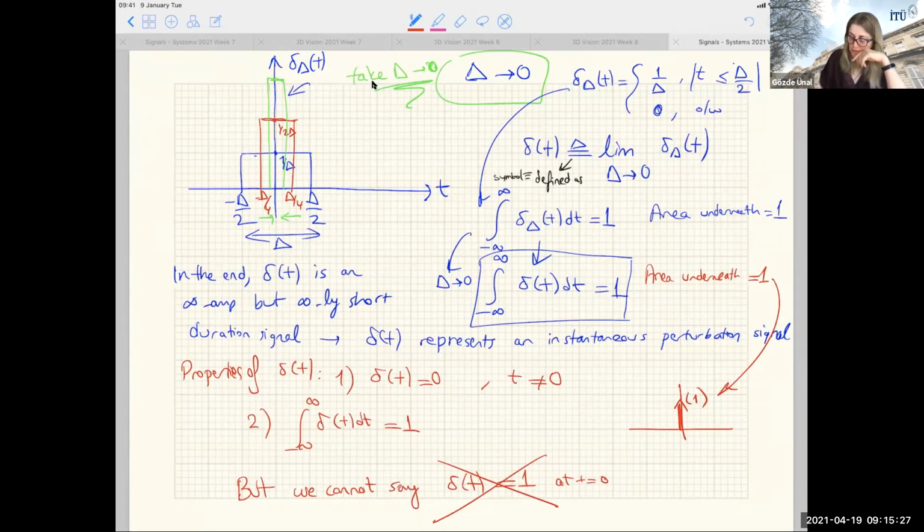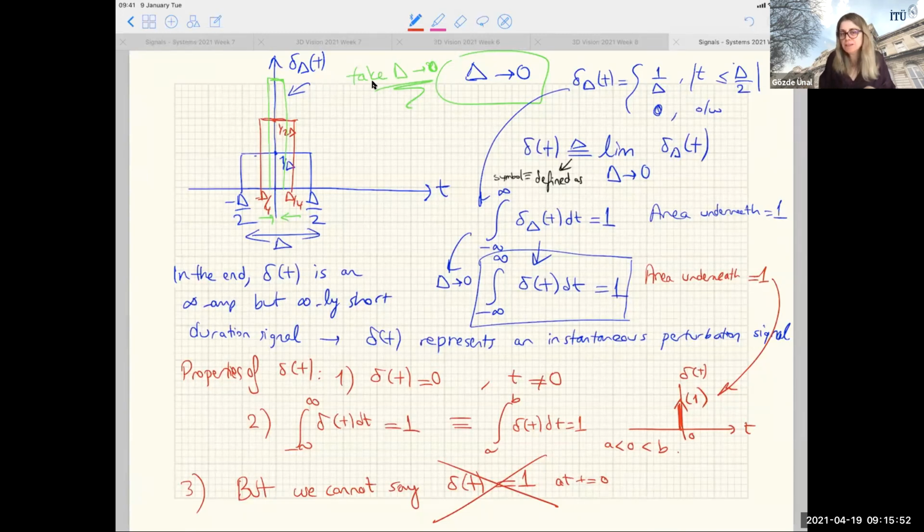Okay? This is important. This is the third property, probably I should write. And this is also equivalent to the integral over AB of delta of t dt is 1 if AB includes the 0, of course, right? This is t. This is my delta of t.